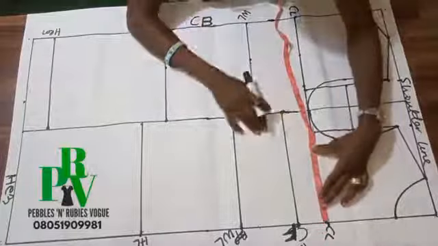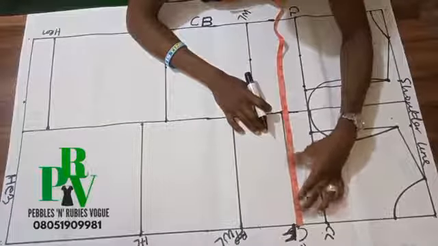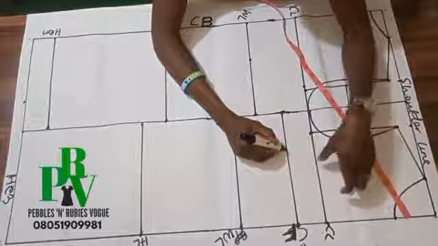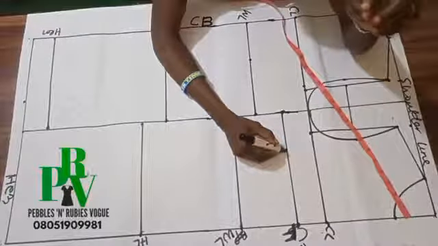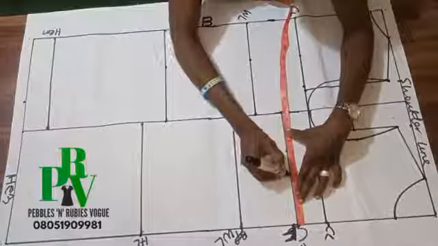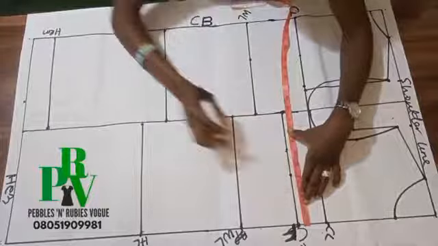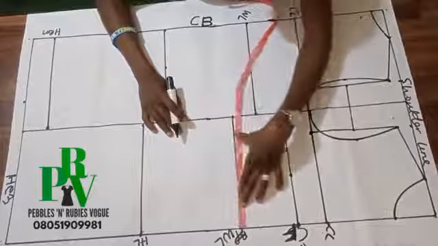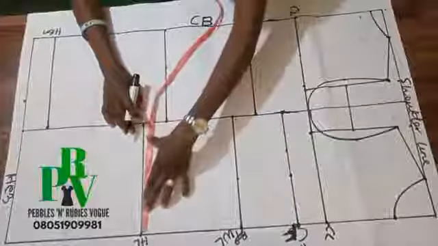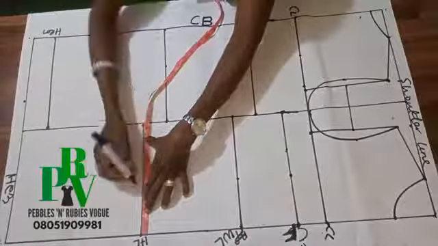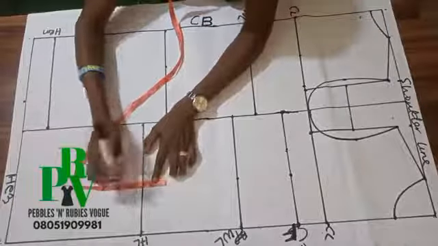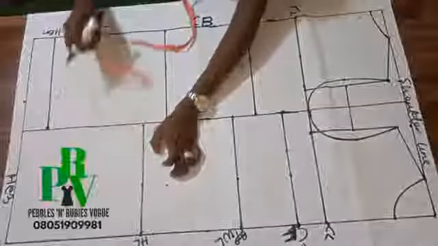And I'll come to the front block from the center front on the bust point line. Remember, this is our bust point line. This is the chest line, and this is the bust point. Okay, that is shoulder to nipple. So from the center front, I'll mark 4 inch distance. 4 inch.